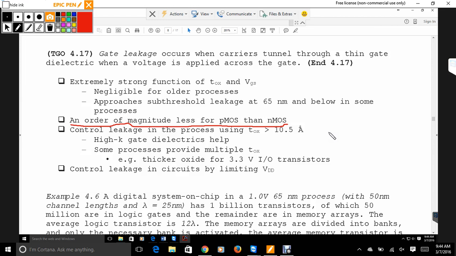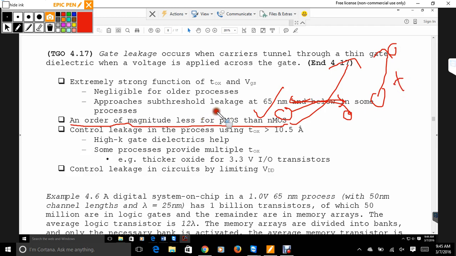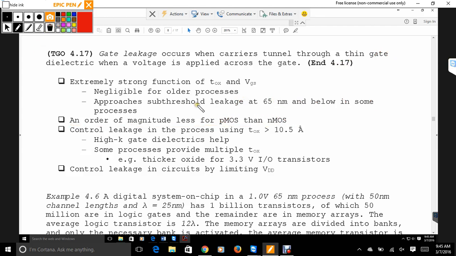So what is the primary charge carrier? Electrons or holes? Electrons, right? So we just have more electrons because they're the dopants, and the holes are when the electrons move back and forth, right? So you're actually going to have more electrons punching through. The holes are just when an electron goes over here and fills one, and therefore you get a hole back here, right? So it's an order of magnitude less for PMOS than it is for NMOS.